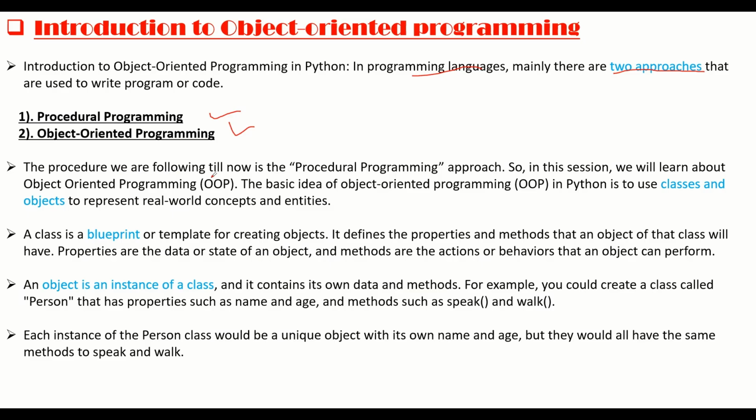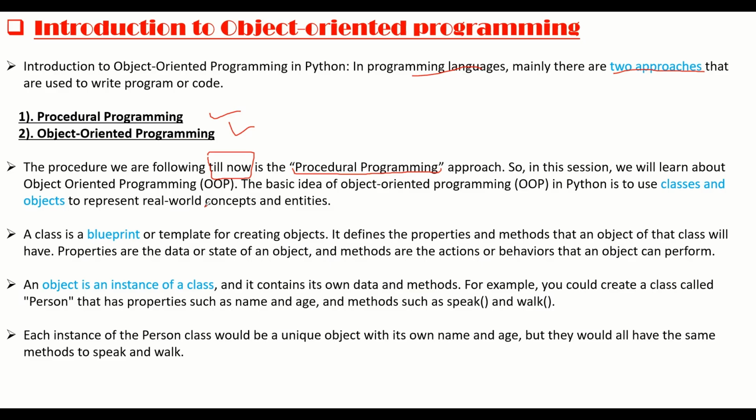The procedure we are following till now is procedural programming. So what is the procedural programming approach? The procedure we are following till now is called procedural programming. In this session we will learn about object-oriented programming, OOP.